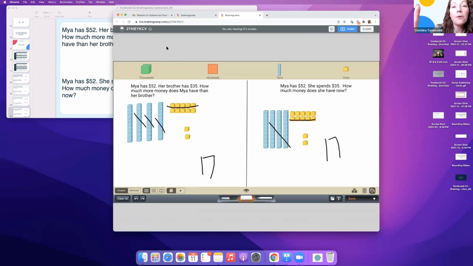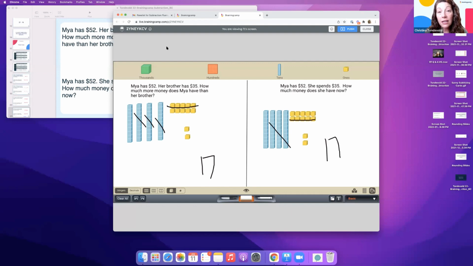Do you see how both of these are modeled the same? Technically, yes, they are the same problem. It is 52 minus 35. But on the one about Maya and her brother, there's actually two sets of amounts. It's not just 52 and then we take 35 out of that.